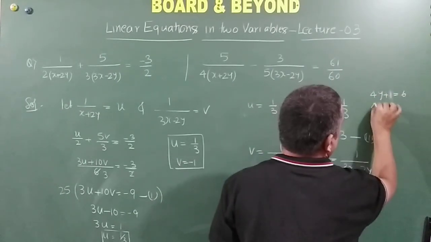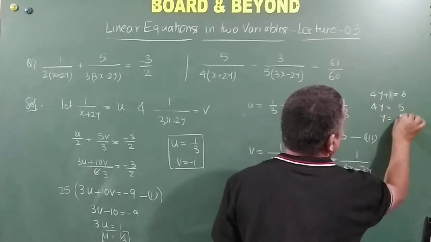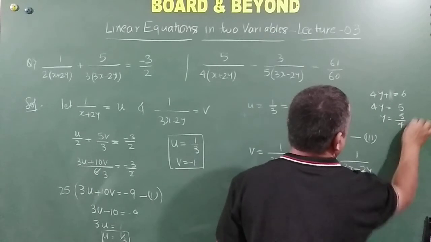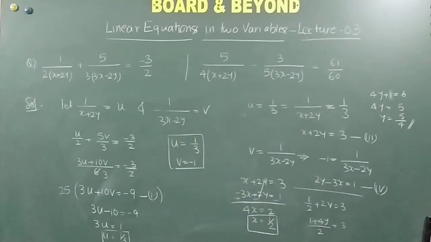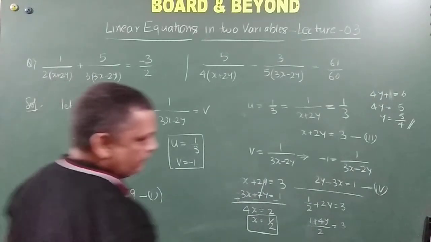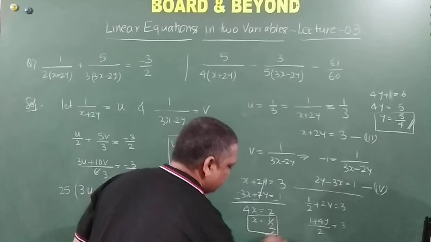So 4y is equal to 5. y is equal to 5 by 4. So we have got the value of y, friends, and we have got the value of x.